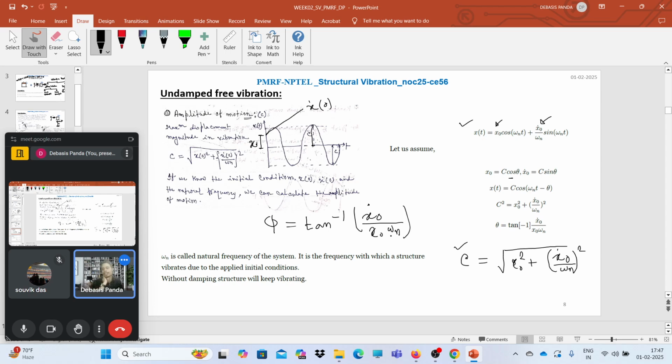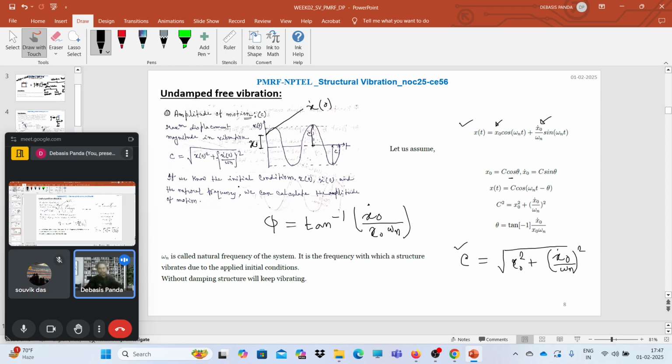By this way, for an undamped free vibration case, if the initial conditions and the system parameters are provided, we can calculate the displacement response, acceleration response, and velocity response at different time instants. We can also calculate the phase, the amplitude and different kinds of responses.